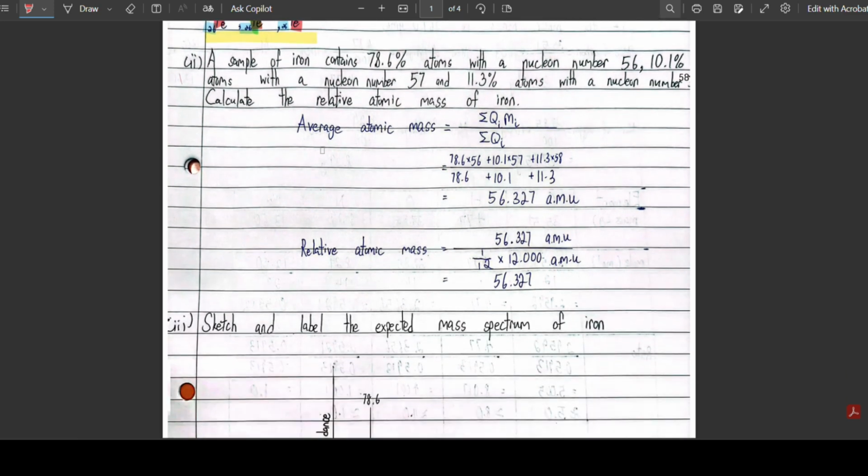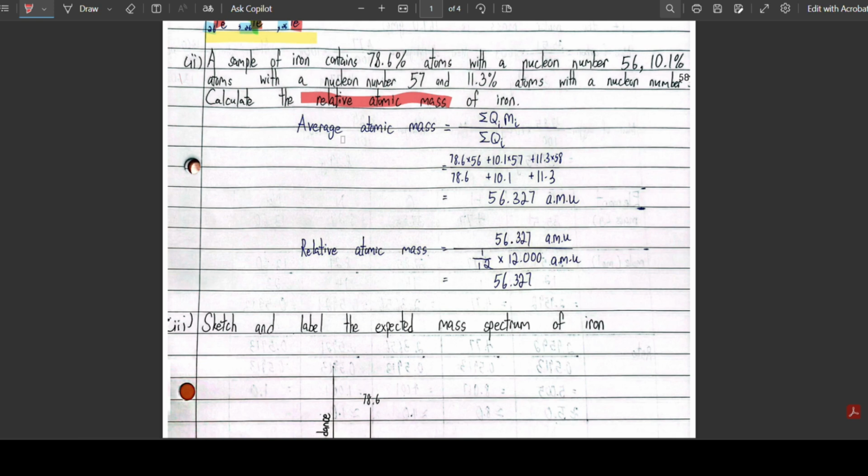For the next question, a sample of iron contains 68.6% atoms with a nucleon number 56, 10.1% atoms with a nucleon number 57, and 11.3% atoms with a nucleon number 58. Calculate the relative atomic mass of iron. Before we determine the relative atomic mass, we need to find out the average atomic mass first.